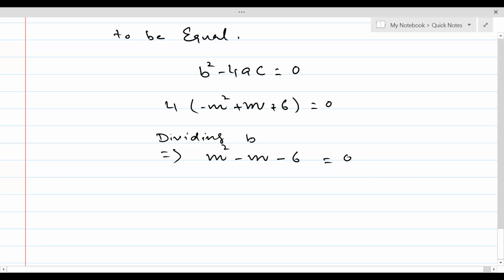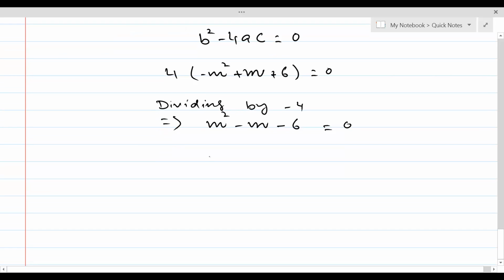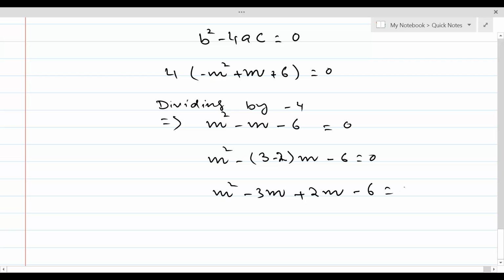By factorization, m square minus 3m plus 2m minus 6 equal to 0.